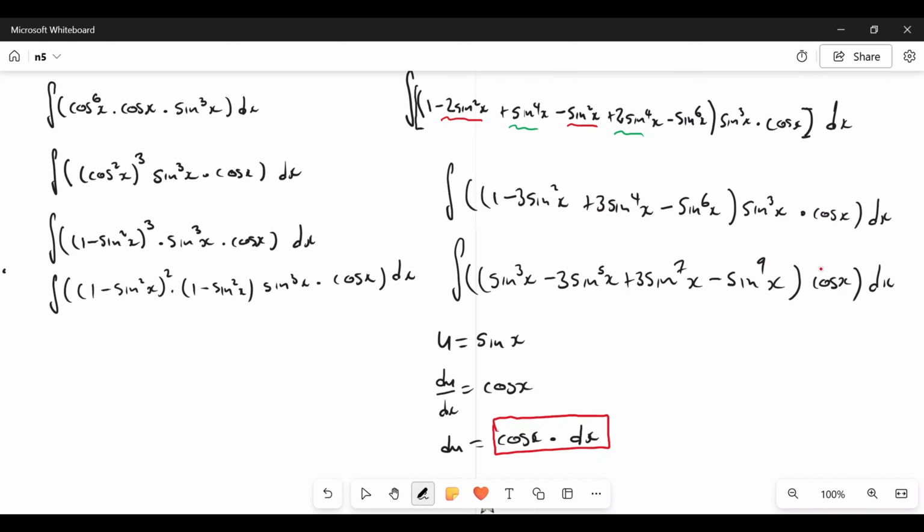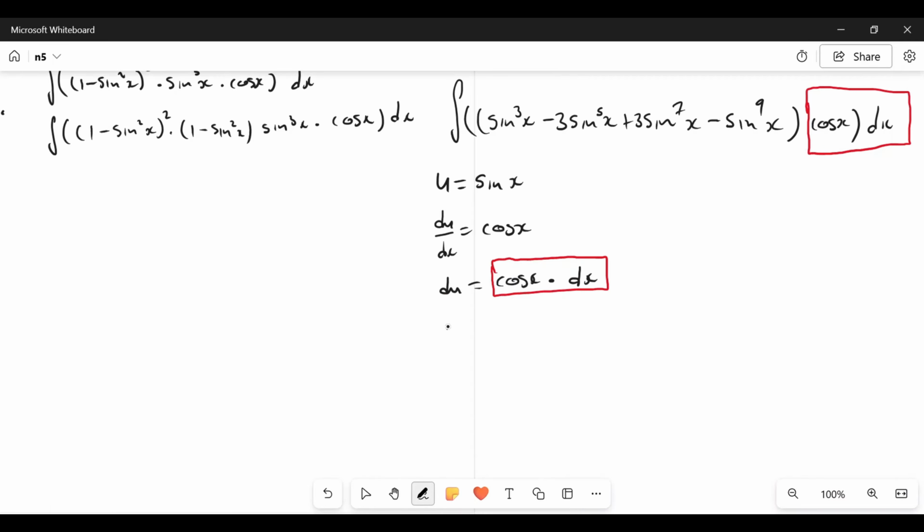We actually have this here in our equation, meaning this part here we can substitute with du. So hopefully you guys can see that. Let me create a space so that we can continue. Right, let's continue. So we have sigma, there we go. So wherever there is sine, remember we substitute with u.